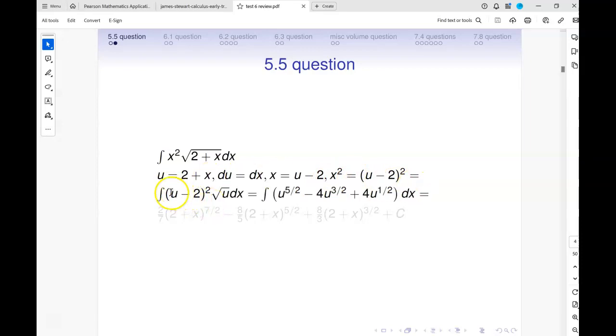If I plug that in, I have the integral of u minus 2 squared, square root u, oh, that should be du. Oopsie. And if I FOIL that out and multiply everything together, I get this. And then now I can just do my antiderivatives there.